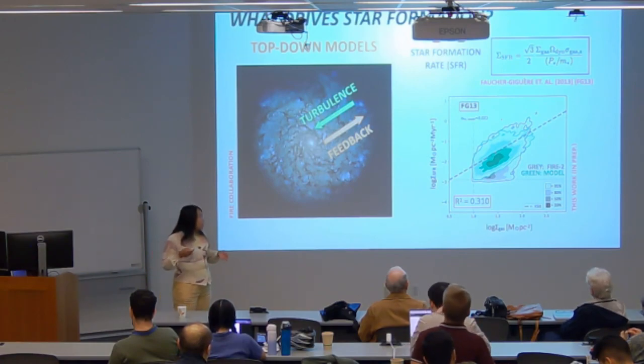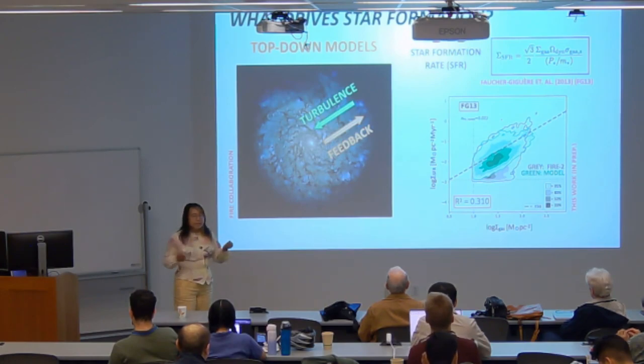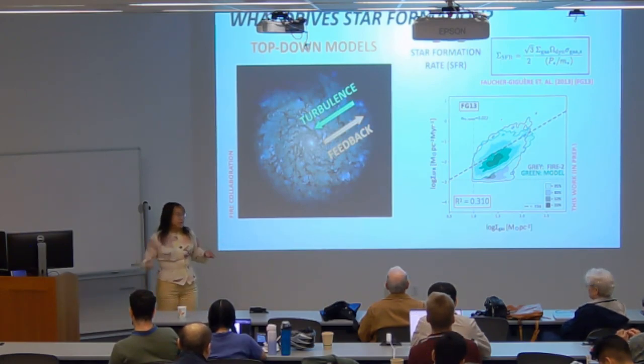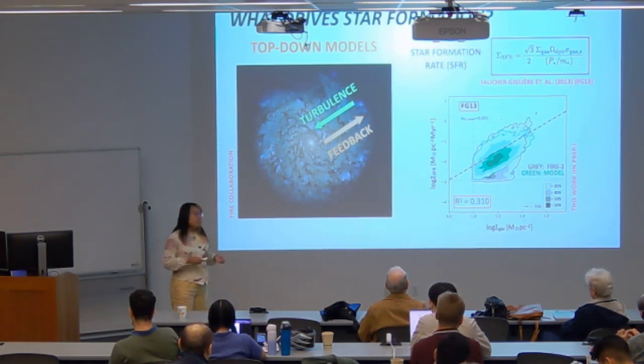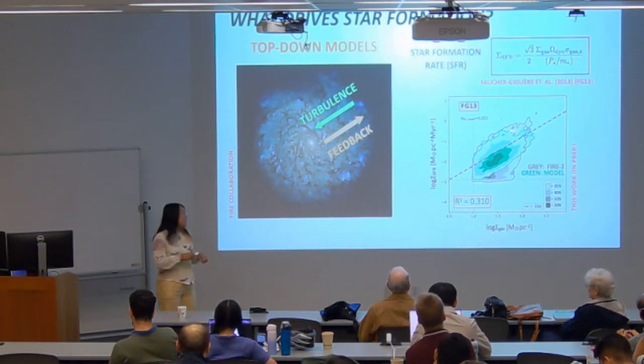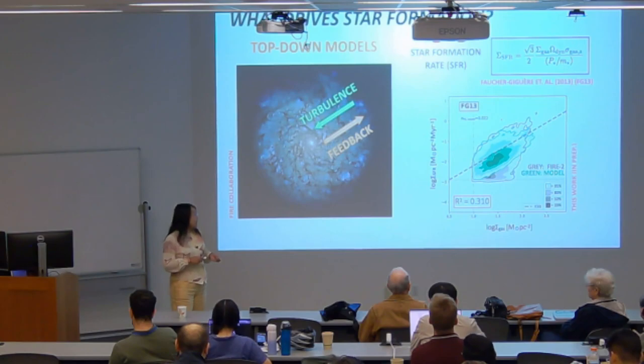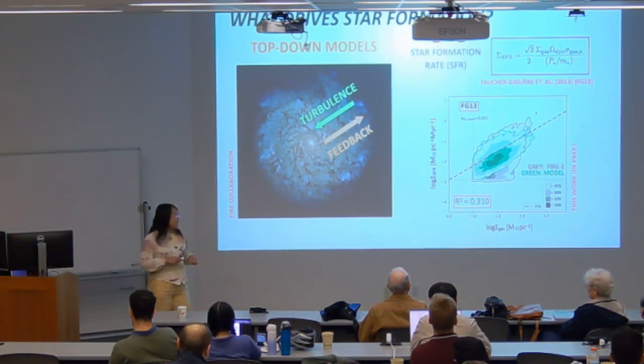For this top-down model, I have two metrics to gauge how well a model is doing. One is the R-squared value, and this model achieves an R-squared value of 0.3. It's not amazing, but another metric is how much dispersion is recovered in the Kennicutt-Schmidt plane.